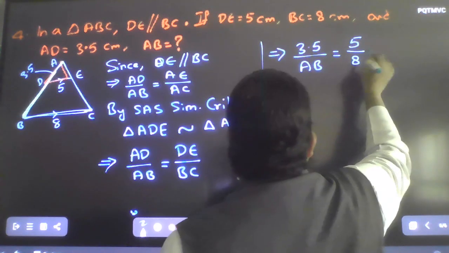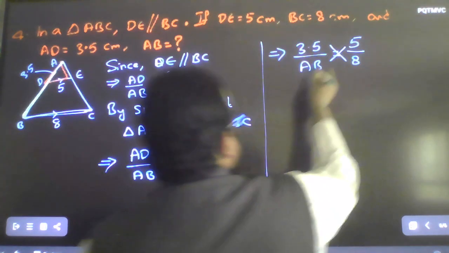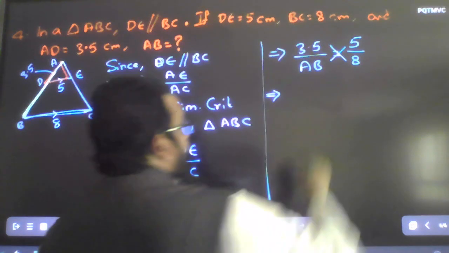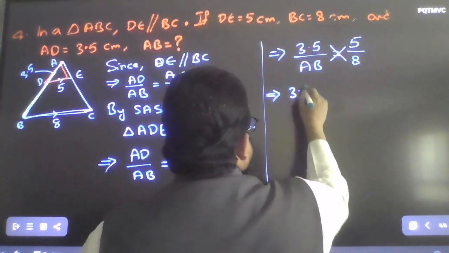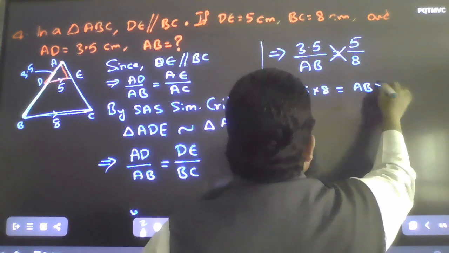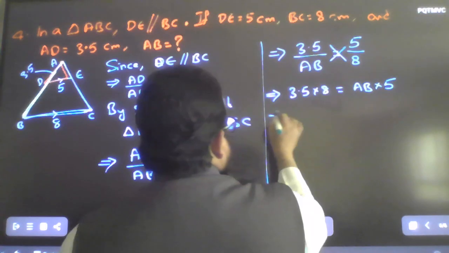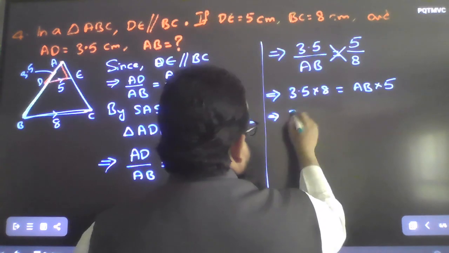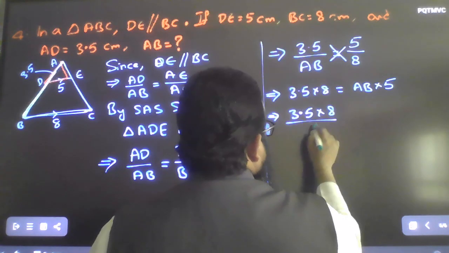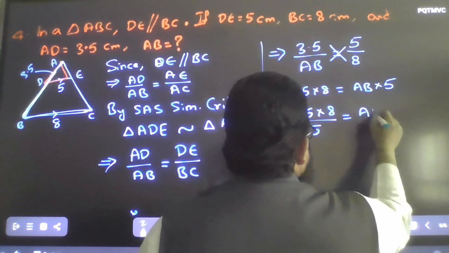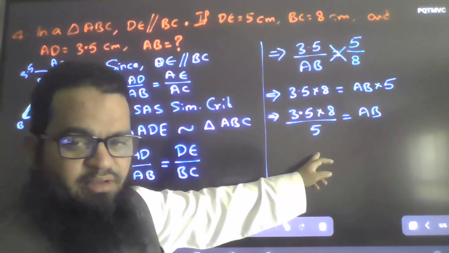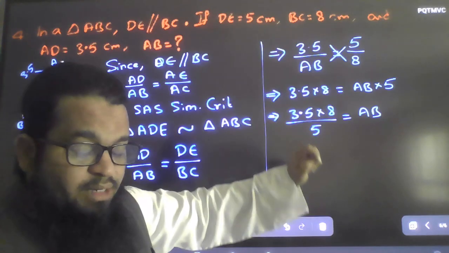BC is 8. Now cross multiply, since our AB is in the denominator. So 3.5 into 8 is equal to AB multiplied by 5. So let us transpose: 3.5 multiplied by 8 divided by 5 is equal to AB. Here if I remove the decimal, it is 35. 35 divided by 5 how many times? 7 times.